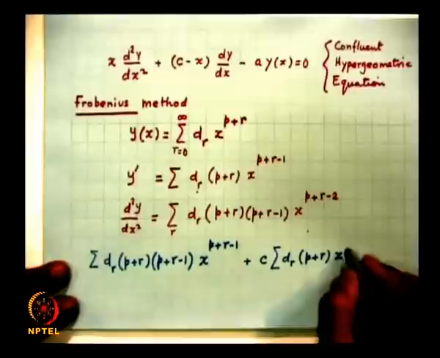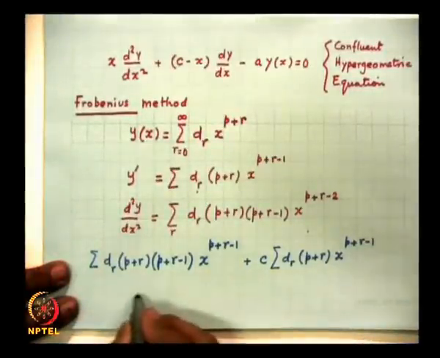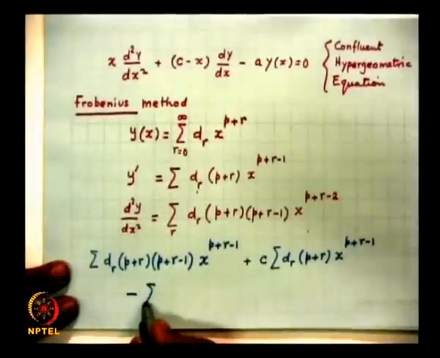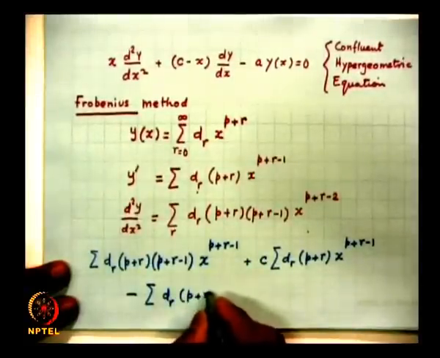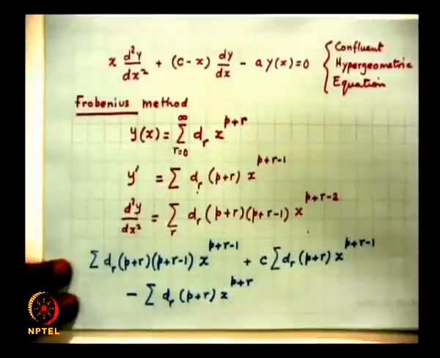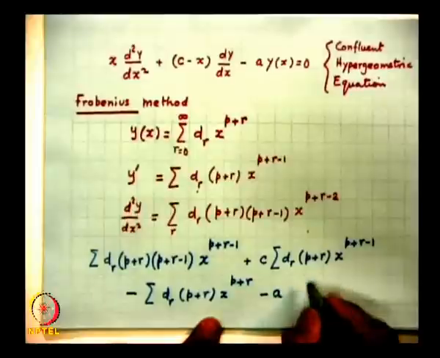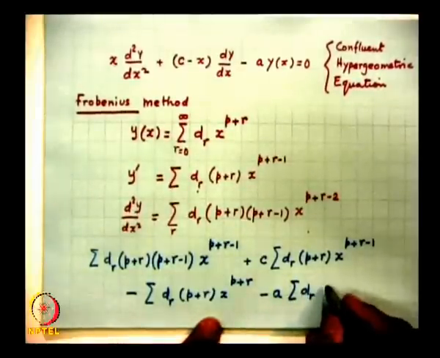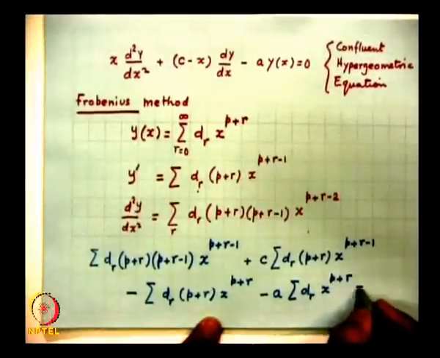Minus x times dy by dx, that is the sum of d_r (p plus r) x to the power of p plus r, minus a y of x, that is minus a times the sum of d_r x to the power of p plus r, equal to 0.